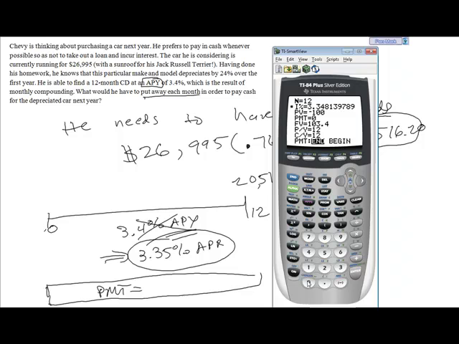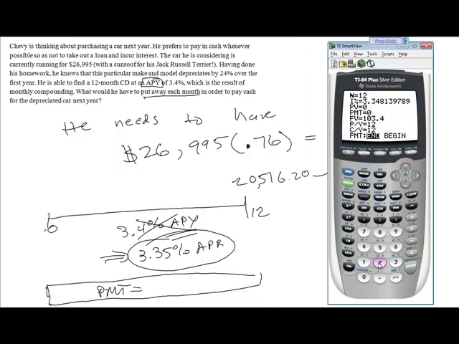Now, what's going to happen initially? Well, initially he's not going to put anything into this annuity, a CD, but he's going to put away some regular monthly payment in order to get the $20,000. So for our future value, we want to make sure that he's able to pull out $20,516.20.